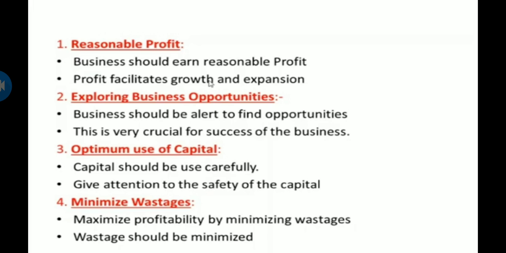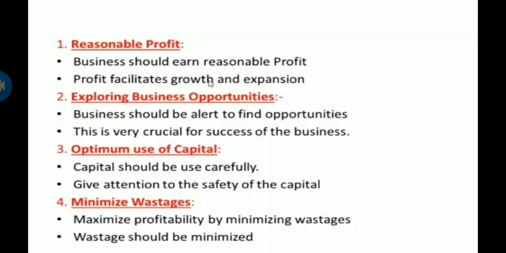This is the optimum use of capital. When we use the capital carefully and efficiently, then automatically the profit level is increased. That's why it is important to use all the capital carefully.